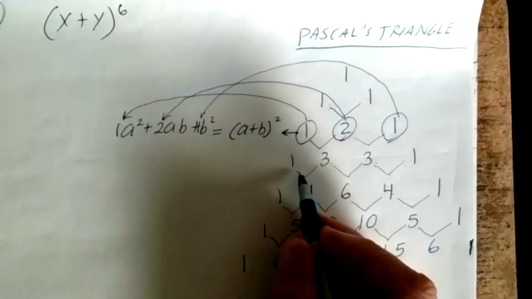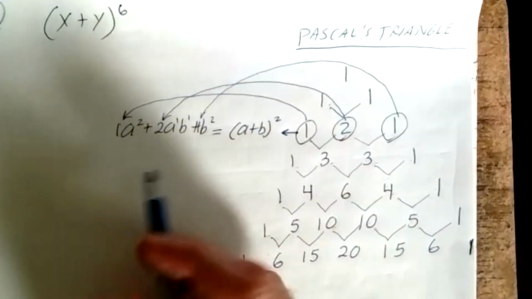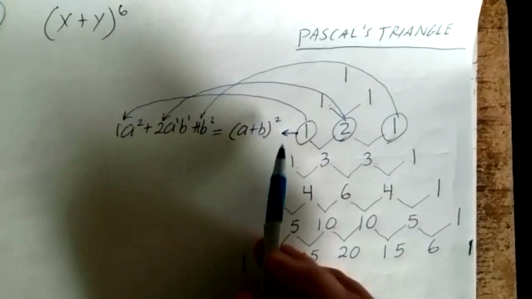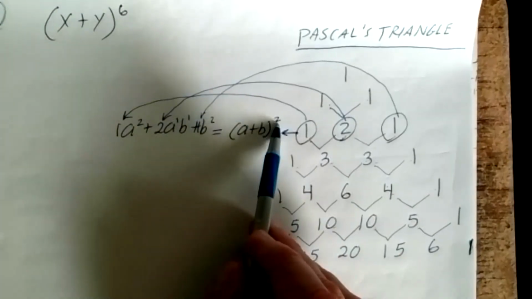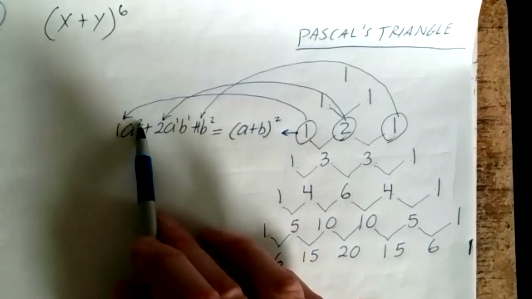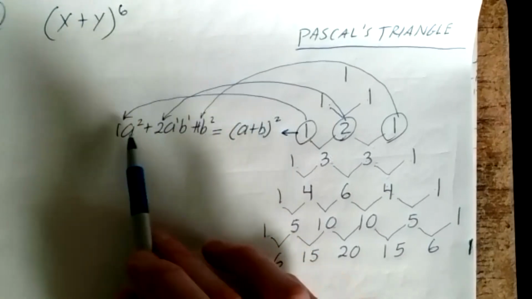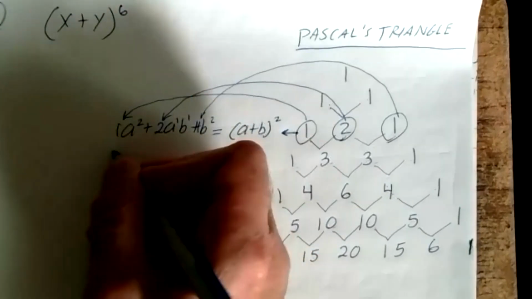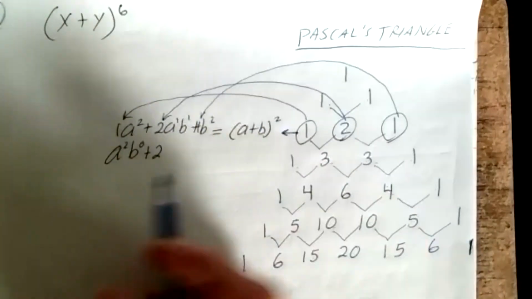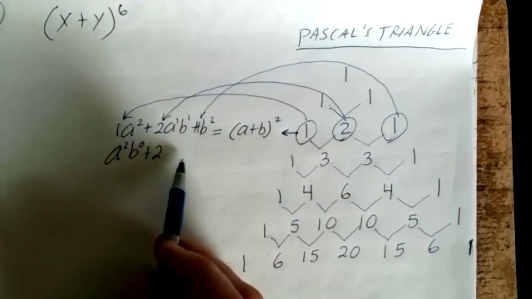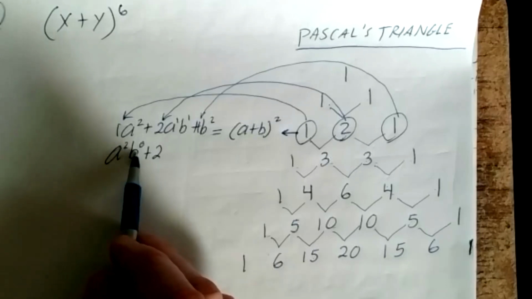Another key observation here is this. Notice that the first term starts out at the power that the binomial is raised to. So a to the second power, and the second term starts out at the 0th power. Technically, this is a squared times b to the 0th power. Then what happens is for subsequent terms, the degree of a decreases by 1 and the degree of b increases by 1.